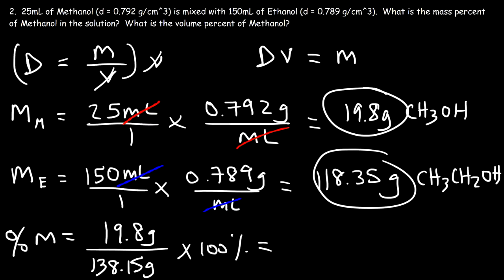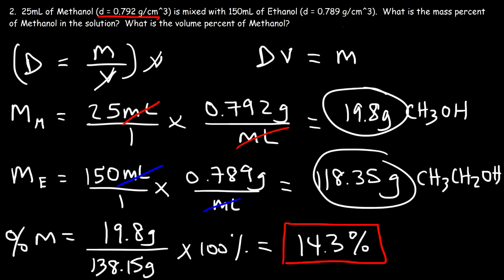All right, so let's go ahead and put this in a calculator. So the mass percent is 14.3%. The mass percent is very close to the volume percent because the densities of these two are almost equivalent.